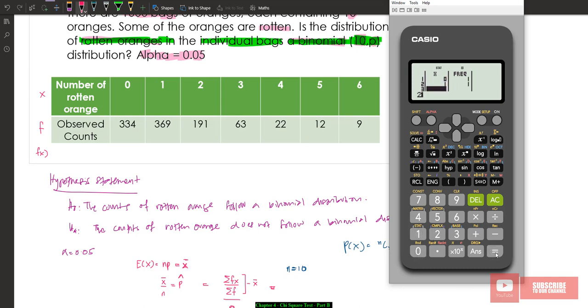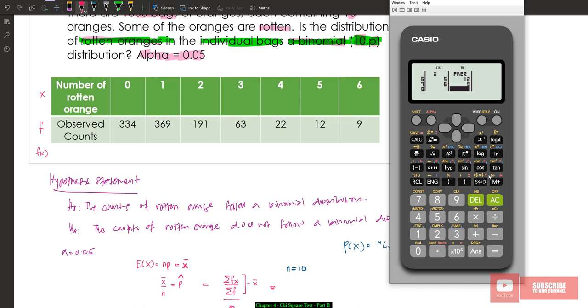2, 3, 4, 5, 6. And then the frequencies: 334, 369, 191, 63, 22, 12, and 9.